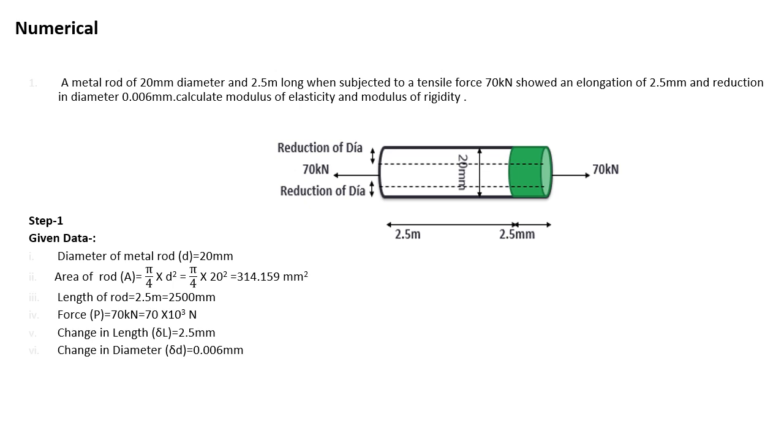Force is given as 70 kilonewton; convert it into newton, then force becomes 70 into 10 raised to 3 newton. Then the change in length, delta L, is given as 2.5 mm, and the change in diameter, delta D, is given as 0.006 mm.